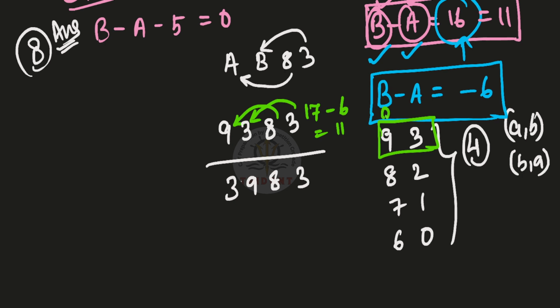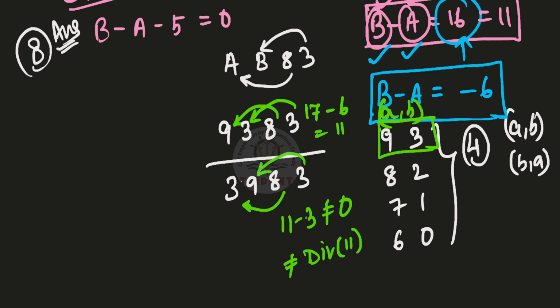So in other words, this is nothing but the AB ordered pair. Let's see if the other works. This is 9 and 3, which is 12, and 8 and 3, which is 11. 11 minus 12 is neither equals to 0 nor is it divisible by 11.